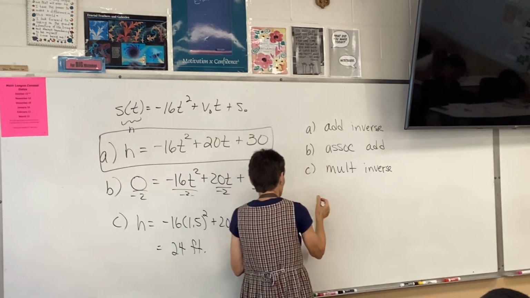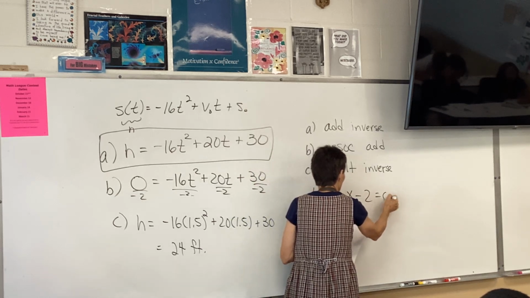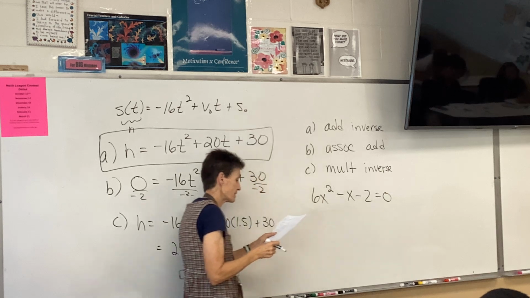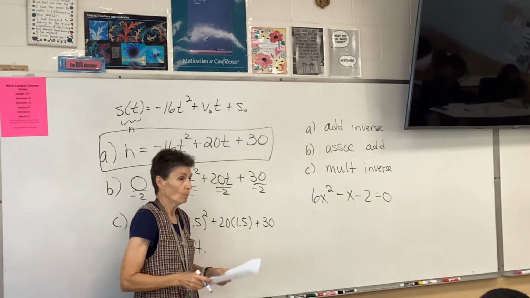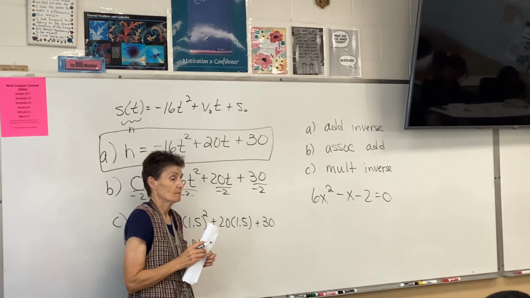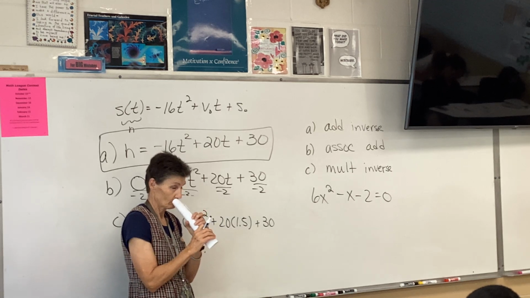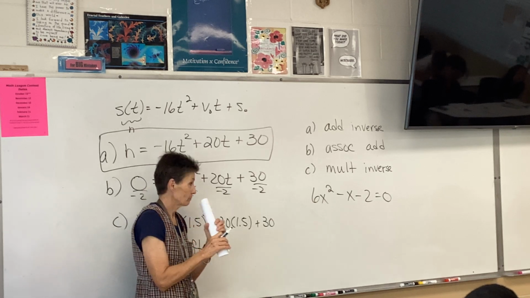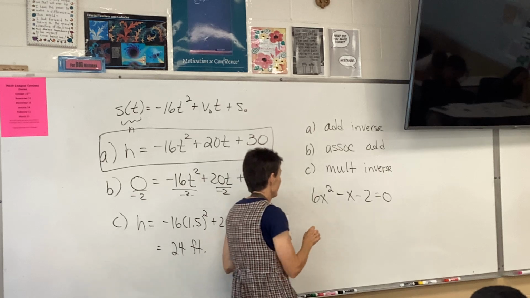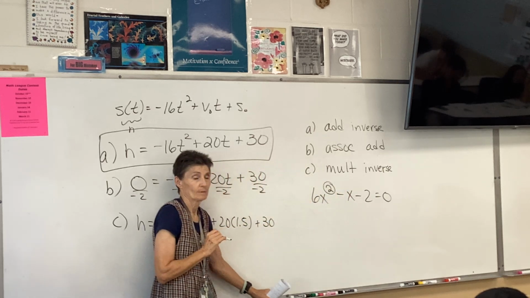Okay, so here we go. Same kind of problems as on the other practice test. Directions say solve. What do you want to do here to solve this? What does that kind of tell you?